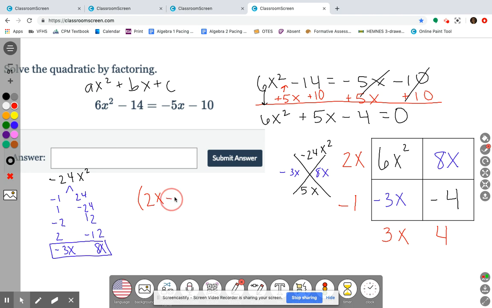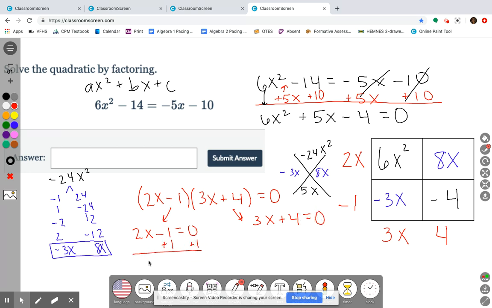Use my length and my width for the parentheses, equal to 0. And then you'll use your zero product rule to set both of the parentheses equal to 0. Start this one by adding 1 to both sides. 2x will equal 1.